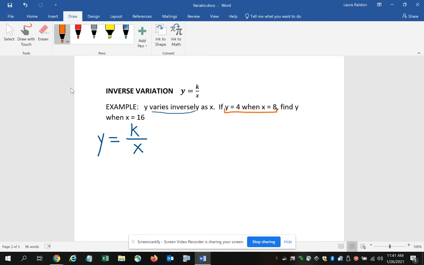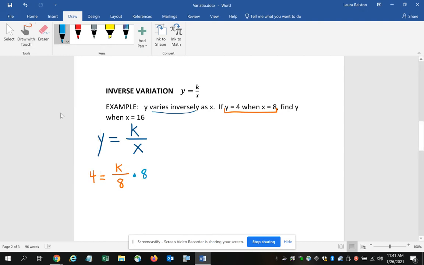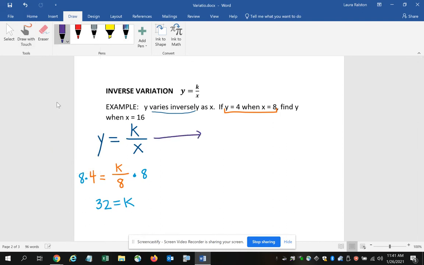I can find k. So I would have 4 equals k divided by 8. Then I need to solve that equation for k, so I multiply both sides by 8. So I have 32 equals k.